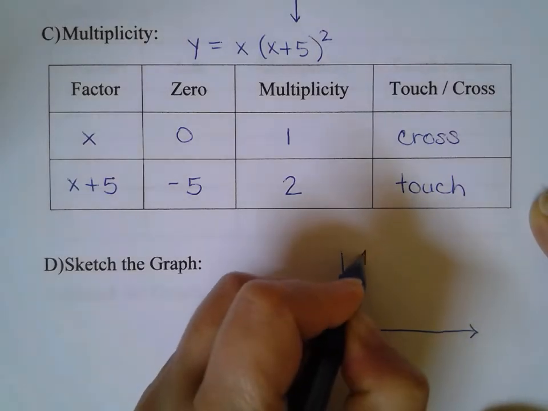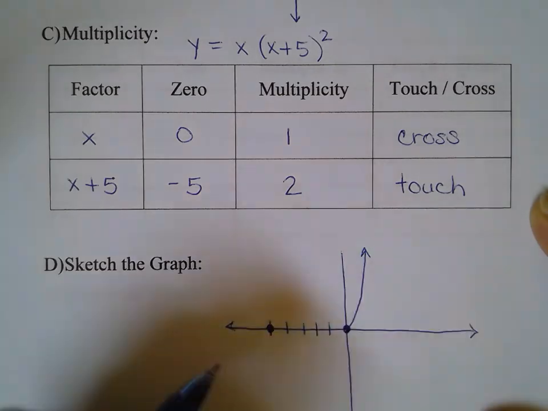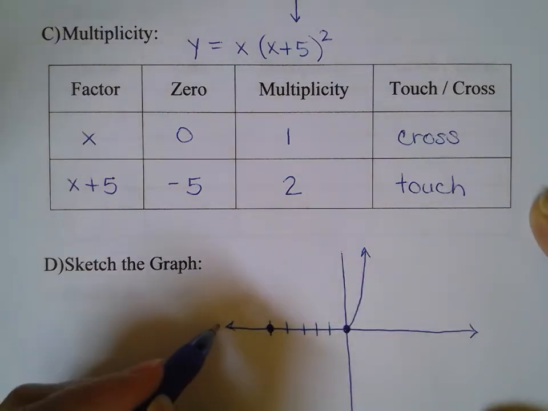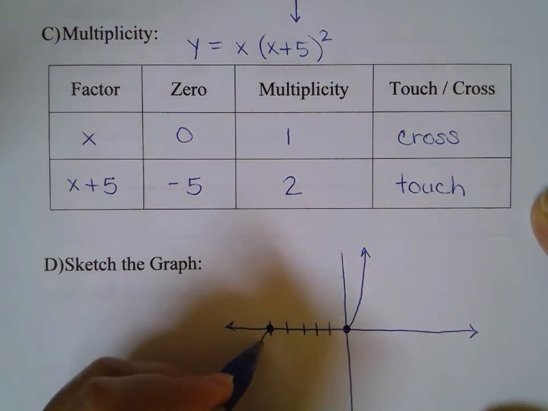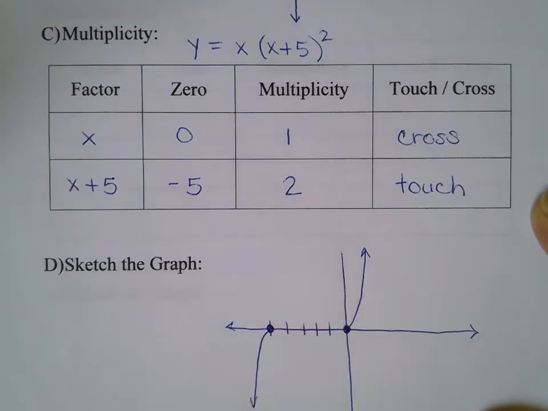So it's going to go up from there. And from -5 on to the left is my end behavior. So it's going to go down from there. And then I need to incorporate the touching and crossing so I can finish the curve. I like to do this from left to right. It just makes it easier to kind of follow the same pattern and go in one direction.